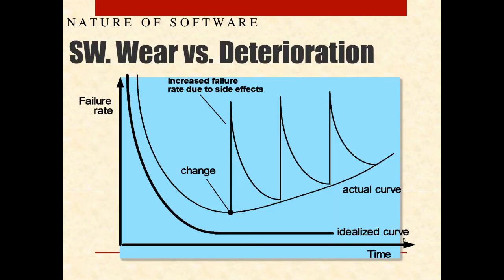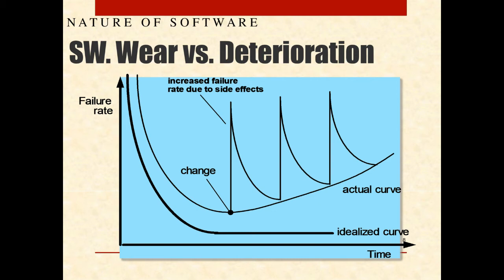Software wear out versus deterioration. In the initial stages of the software, there will be a very high failure rate, and by doing corrections, the failure rate can be brought down, and we can maintain an idealized curve, that is a constant curve.